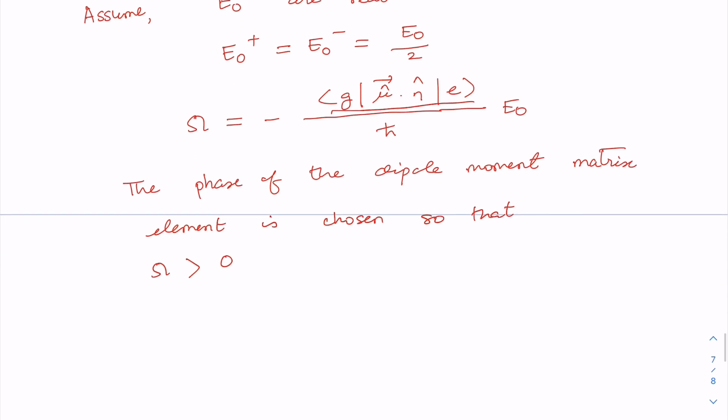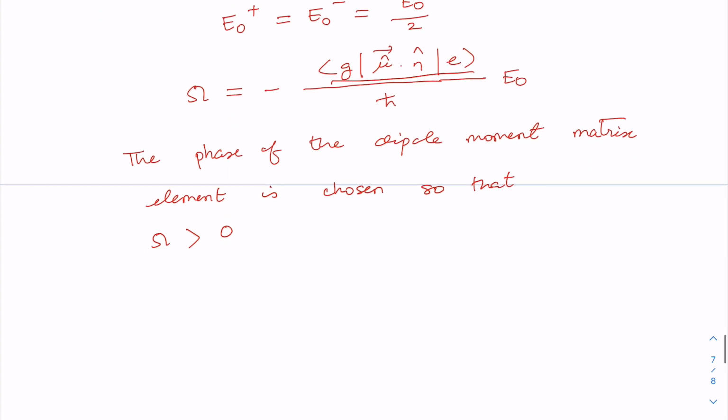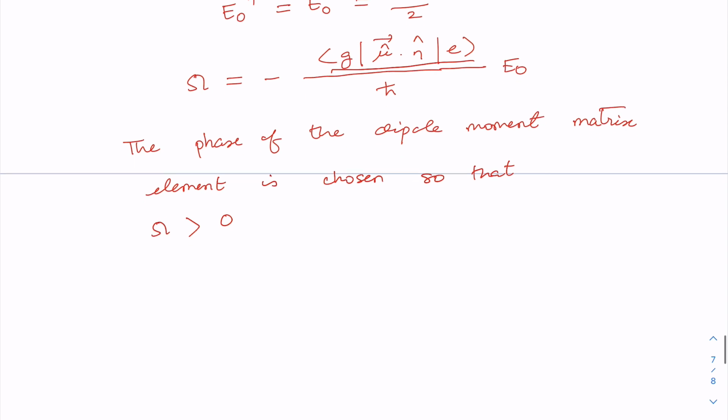The Rabi frequency characterizes the strength of the atom field coupling, and in terms of Rabi frequency, our atom field interaction Hamiltonian will take this form. It would be h cross omega by 2 times sigma e to the power I omega t plus sigma dagger e to the power minus I omega t.